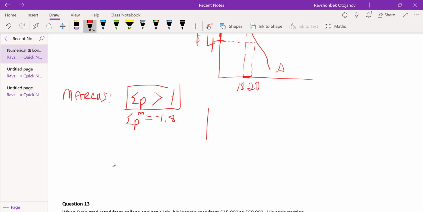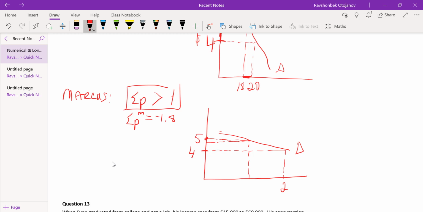So we should draw it again. Now this is an elastic demand, so a little flatter here. Notice here, these are our old and new points. This is 4, this is 5, and this is the quantity.